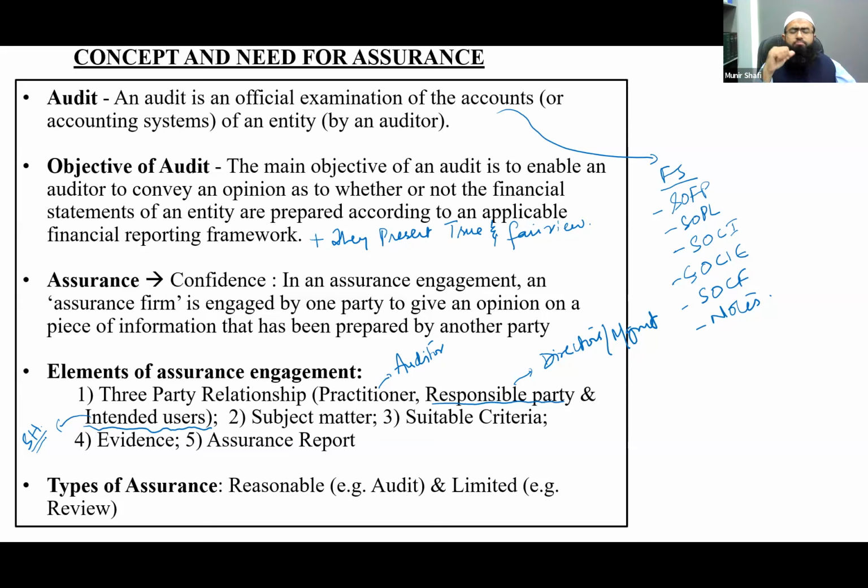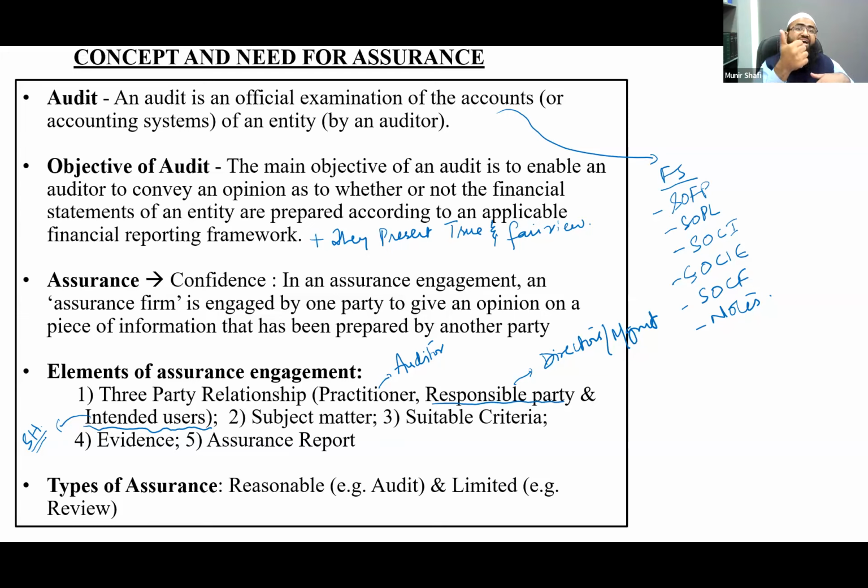What are the types of assurance? Broadly speaking, two types of assurance: reasonable assurance. Audit is an example of reasonable assurance in which we do a lot of testing. We'll look at this later in detail when we compare the audit exercise with the review exercise. But obviously, in audit, we are carrying out a lot of testing because our opinion is a detailed one as compared to the review opinion.